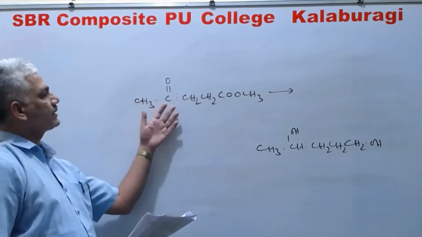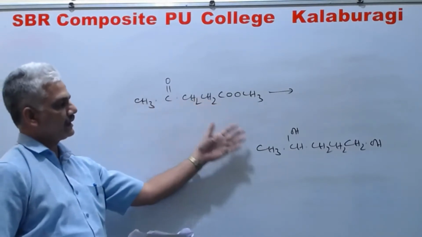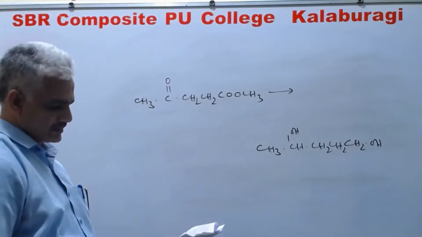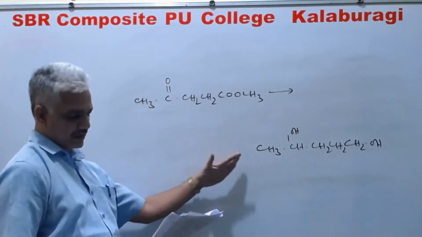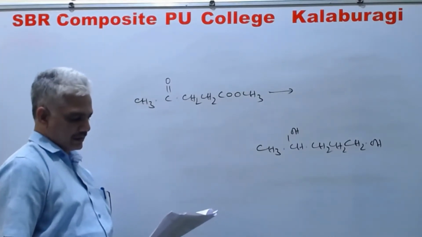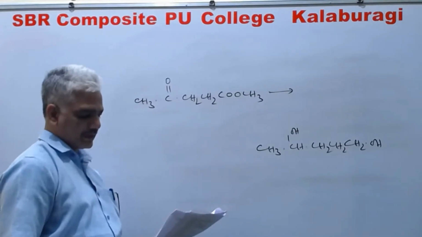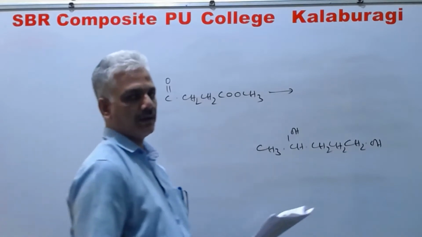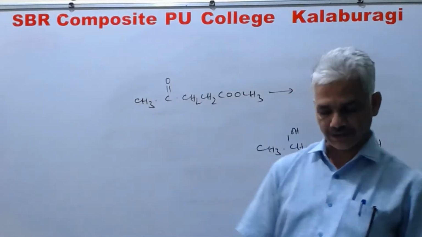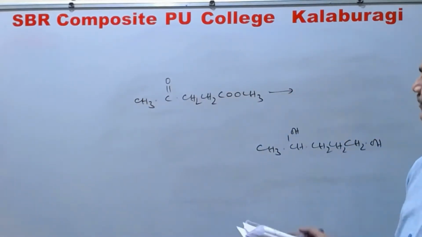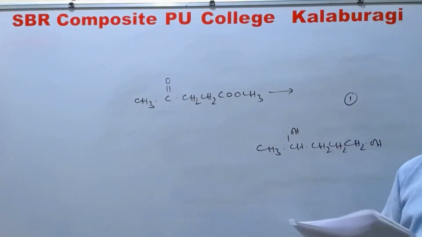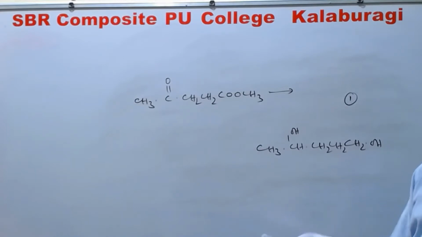This is a keto ester and the product is a dihydric alcohol. This conversion can be carried out by using the reducing agent lithium aluminum hydride, followed by hydrolysis in the presence of acid. So you can go with the first option for this question. For the 44th question, the correct option is the first option.